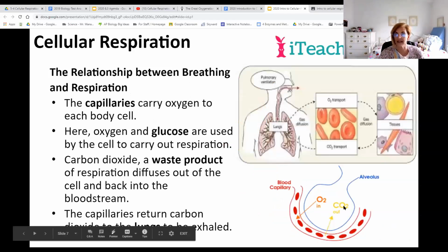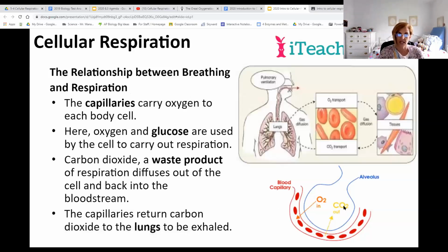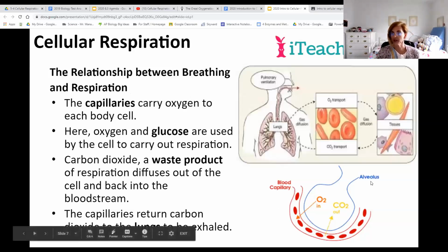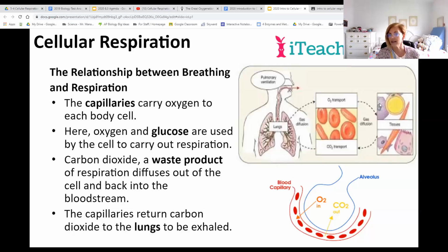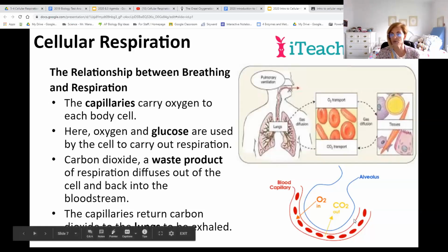That's when we start utilizing cellular respiration. So cellular respiration will take place in our body cells, our tissue cells like muscles. They'll use the oxygen and it'll produce CO2. That CO2 will be returned to the lungs. The alveoli are the little air sacs in the lungs. So it's returned to the lungs where CO2 will diffuse out according to its concentration gradient, high to low. And then it exits the body through breathing.